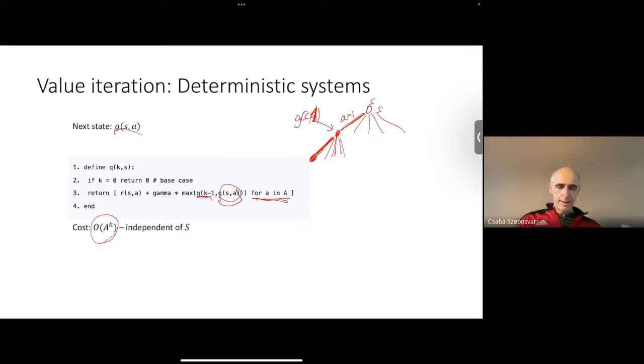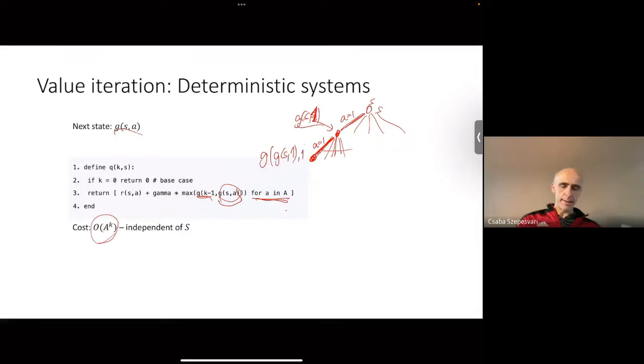And then this function is being called again, but with this state. But then the story repeats: there is this for loop. So we're going to have all these actions. So it's like this fanning, this opening. We take the first action, a equals 1, and we look at what is the next state there, g(S, 1), if we apply the first action.